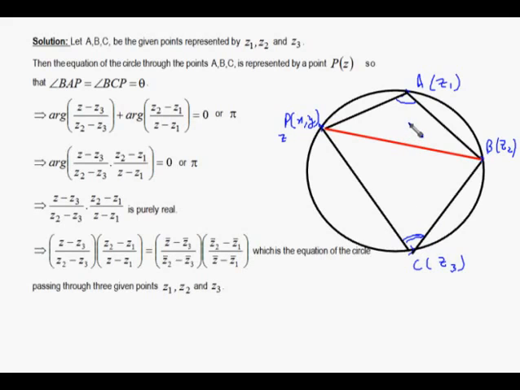It's going to be 180 degrees, because the sum of the opposite angles in a cyclic quadrilateral is 180 degrees.